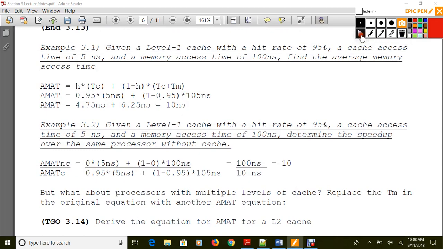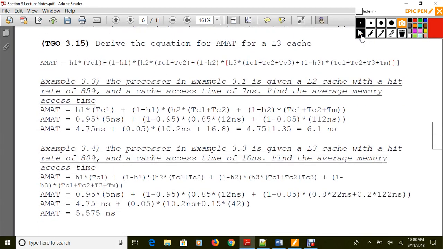Level 2 cache, we're kind of doing the same thing from example 3.1, except in this case we're adding a level 2 cache with a hit rate of 85%, and that access time is 7 nanoseconds. So level 1 cache is very fast, it's 5 nanoseconds. Level 2, the hit rate is 85%, a little slower, and then you're going to see that in level 3 it's even a little lower than that, it's 80% in 10 nanoseconds.